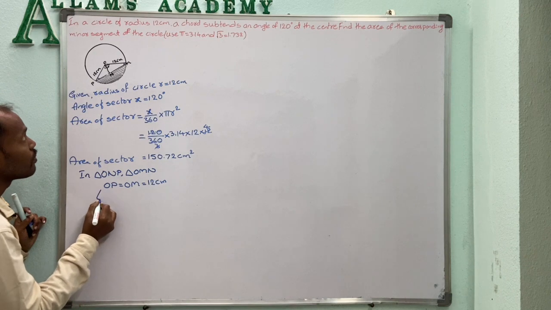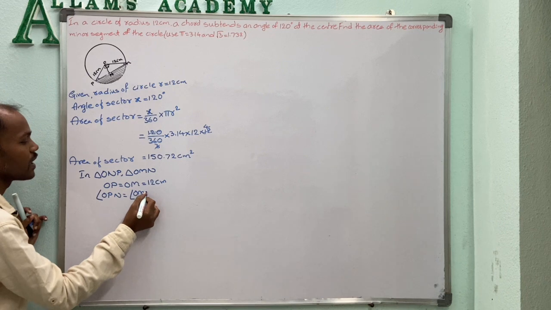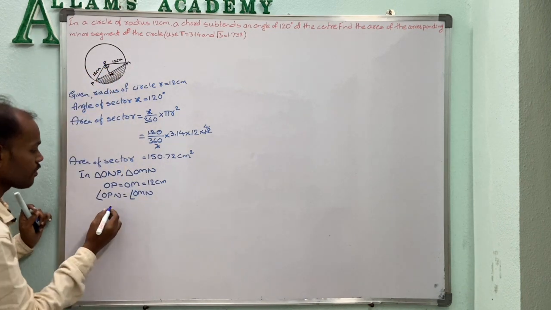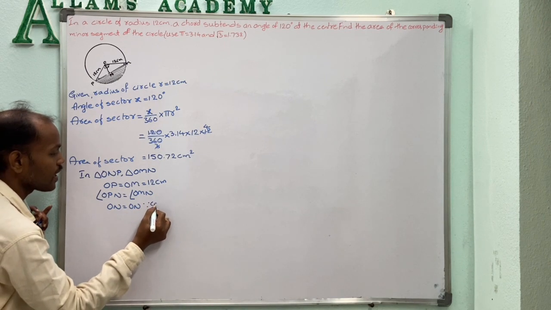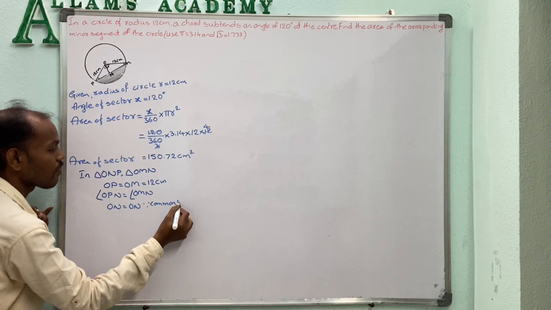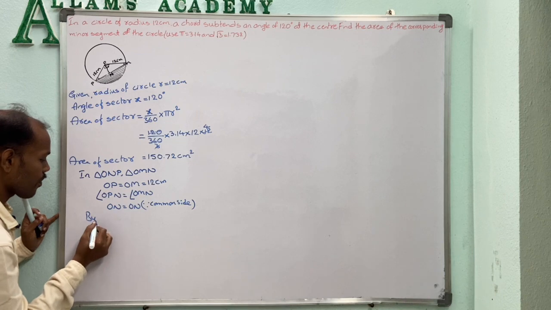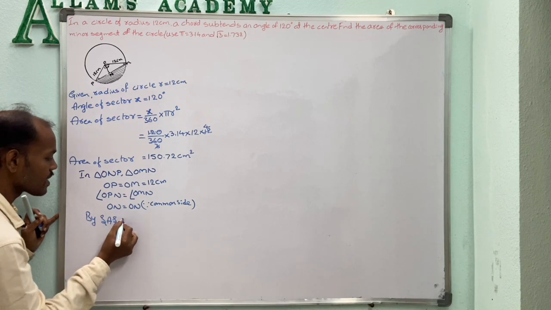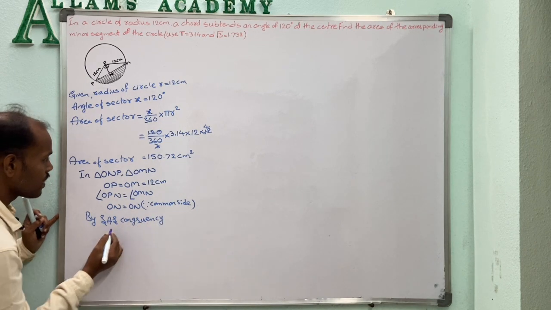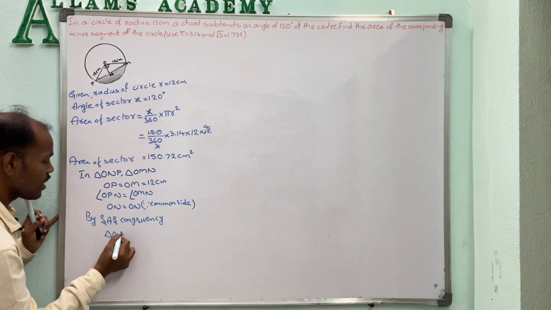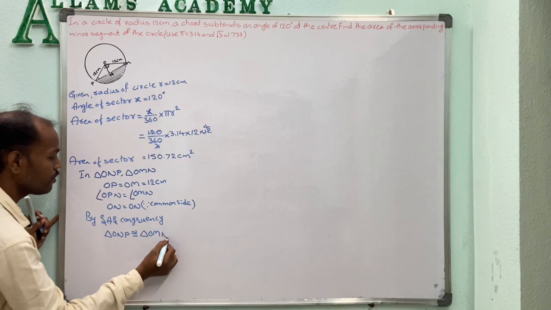So angle OPN equals angle OMN, and ON is the common side for the two triangles. So by AAS congruency, triangle ONP is congruent to triangle OMN.